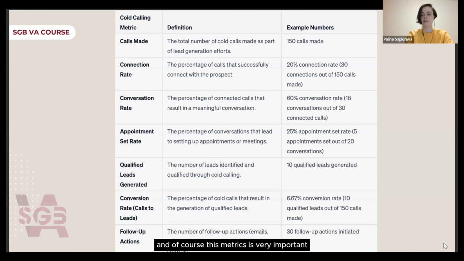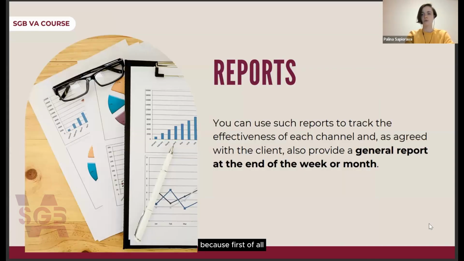And of course, these metrics are very important, because first of all, they are feedback for you to analyze how successful you are, and to think about what should be changed. Probably you should change the script you use during cold calling. Probably you should change something in outreach messages or in emails.